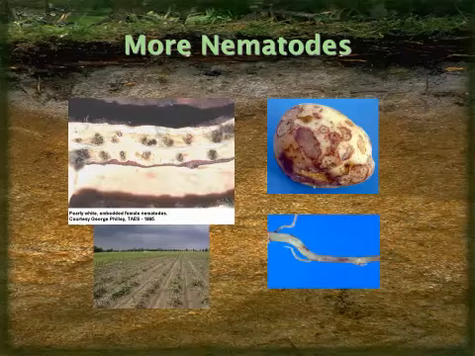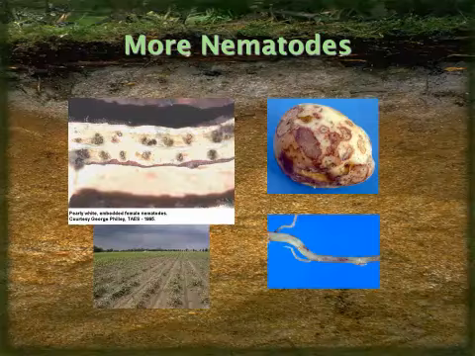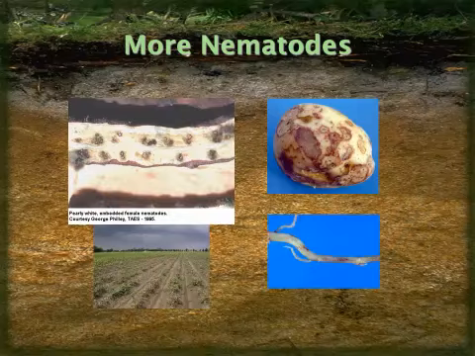On the top right, that's a potato where you can actually see the hole where the nematode has burrowed into the tuber, and it causes lesions and scarring on the potato tuber. On the bottom left is a field where nematodes have come in, damaged the roots and tubers, and so the plant growth is really poor.